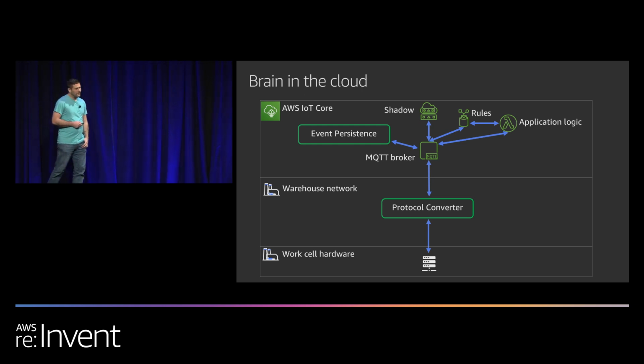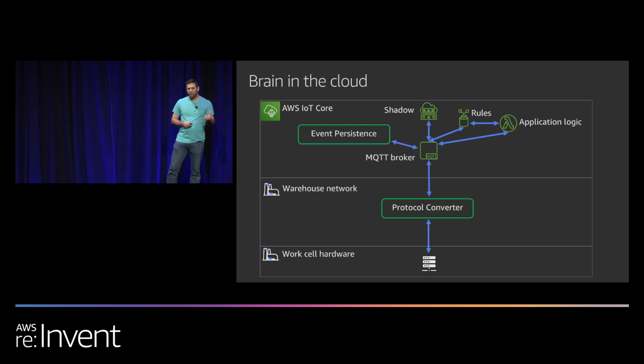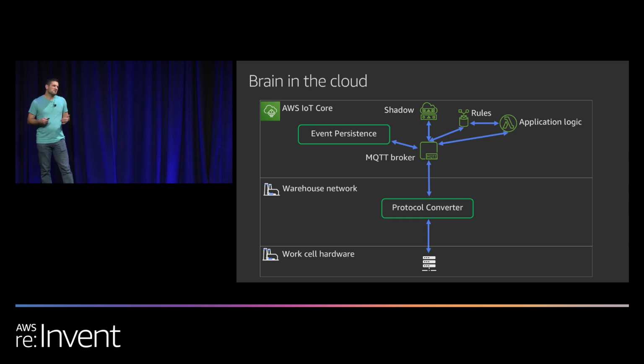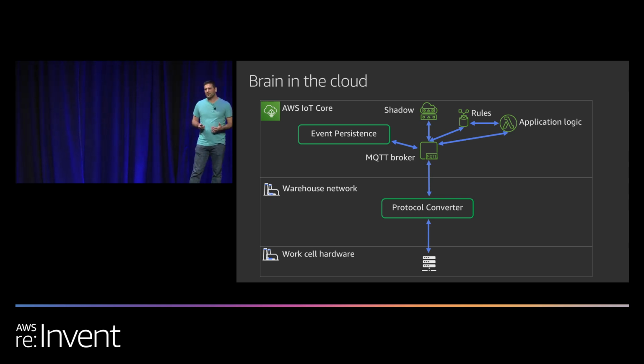So another reason that we have this here is that, as I alluded to earlier, we want to pull the brains out. We don't want to leave the brains in the PLC at the edge. We want to have that thinking being done in software. Not because software is particularly better for it, one programming language versus another, but because of all the power of AWS behind it.